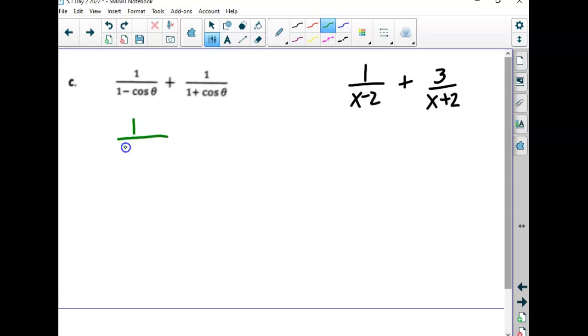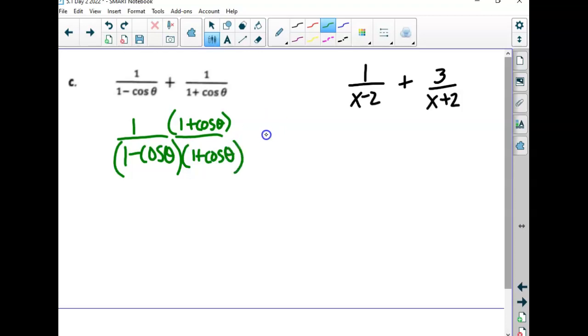So it's 1 over 1 minus cosine, and we're going to multiply what onto this one? Yep, 1 plus cosine over a 1 plus cosine. And then we have a plus, and right now this guy has a 1 plus cosine already.